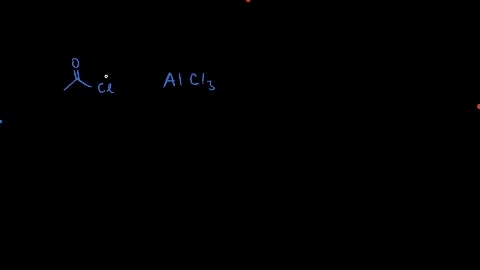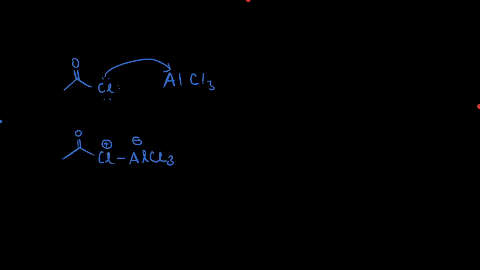So what we'll see is the electrons in the lone pairs of our chlorine are going to go and attack our aluminum. This is going to result in a complex that looks something like this. We're going to have our acid chloride now bonded to our AlCl₃. And what's important to know here is that we have our aluminum having a charge of -1 and our chlorine as a positive charge here.